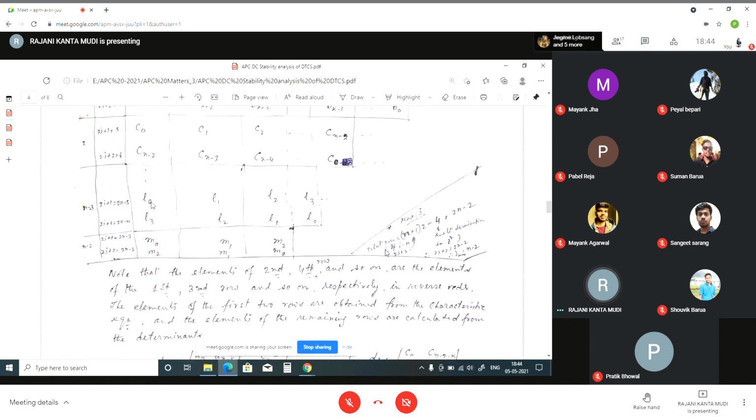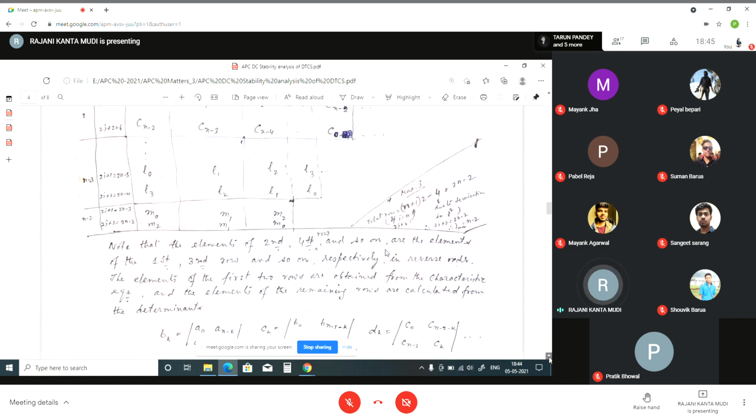So first two rows will come from the polynomial. Only one row you have to calculate, because once you calculate this row, the next row is a reverse order of the previous row, isn't it? So for a fourth order, only one row will be extra.